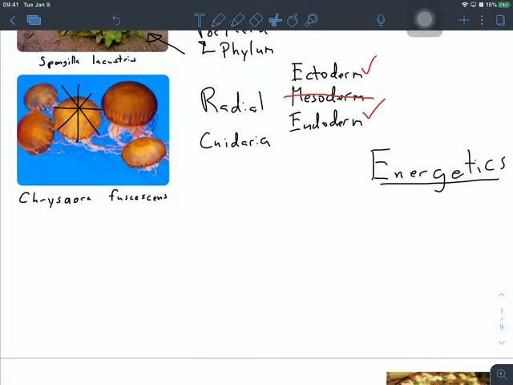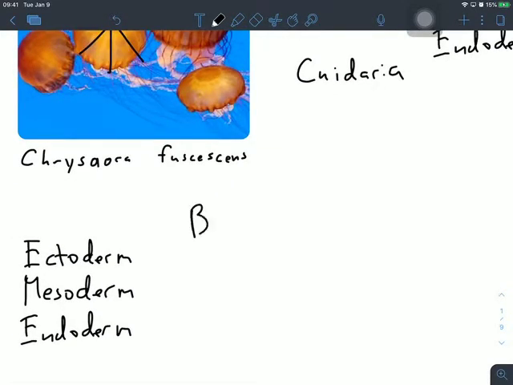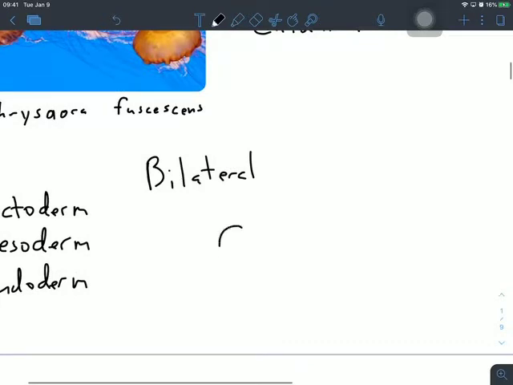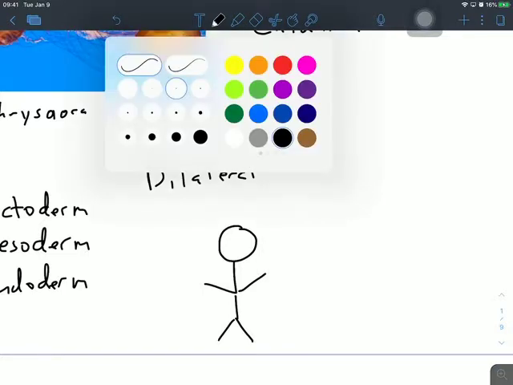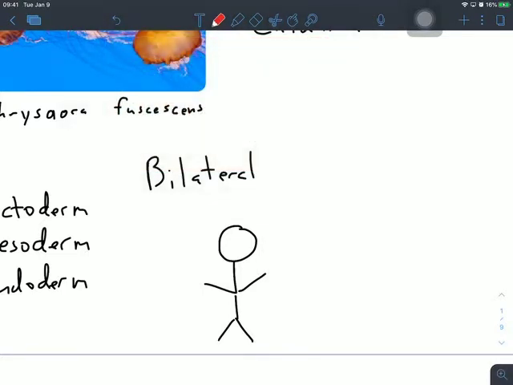Our last group has all three and is bilaterally symmetrical. These organisms, like our very handsome human, illustrated by my fantastic drawing skills, I'm sure, can be cut down a single axis to show their symmetry.